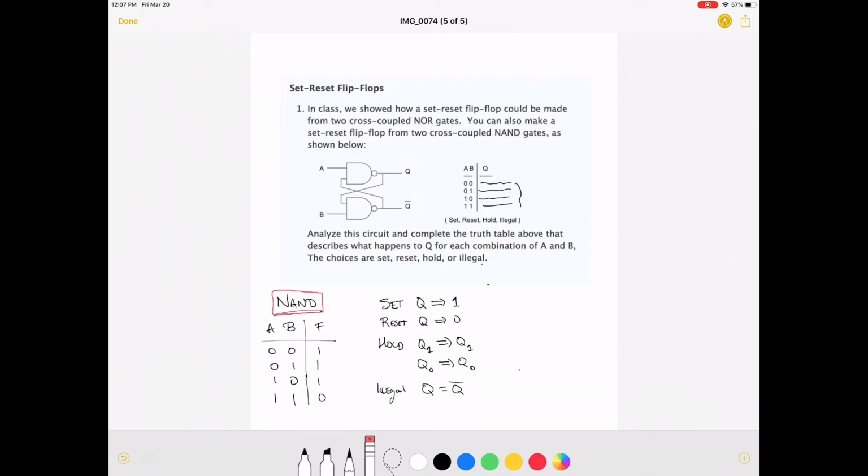So let's start by putting some inputs into our circuit. Let's start with A is a 1 and B is a 0. Now some of you might be wondering, how do we know what this input and this input are? Really, you don't know, but the difference between a 1 and a 0 is that a 1 is the presence of a voltage and a 0 is the absence of a voltage.